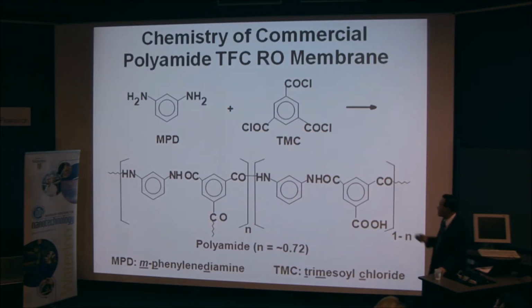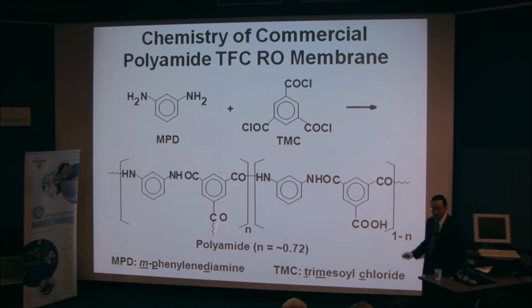Here is the chemistry invented by John Cadotte, who worked for FilmTec, which then became part of Dow Chemical. It reacts MPD, m-phenylenediamine, with trimesoyl chloride, and then you make this interfacially polymerized polyamide.